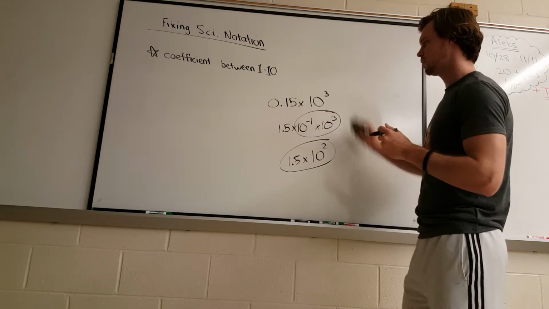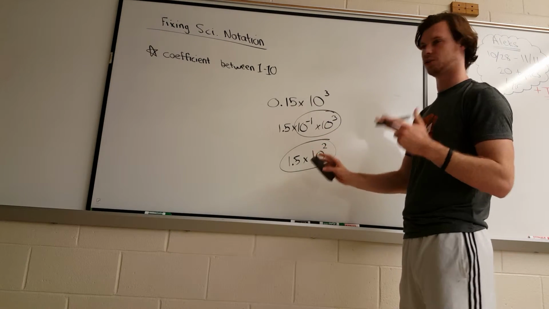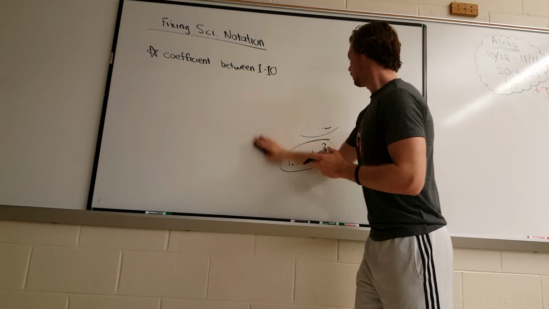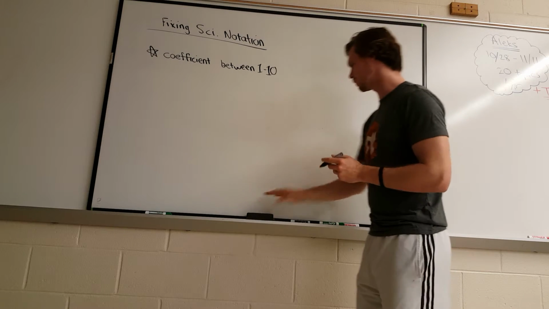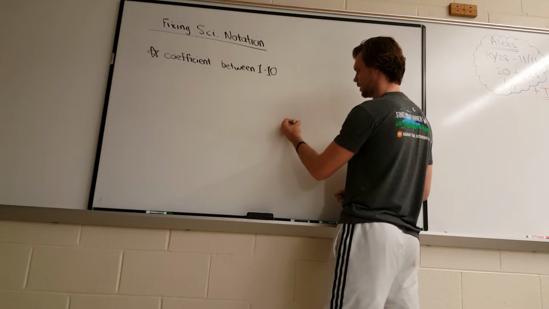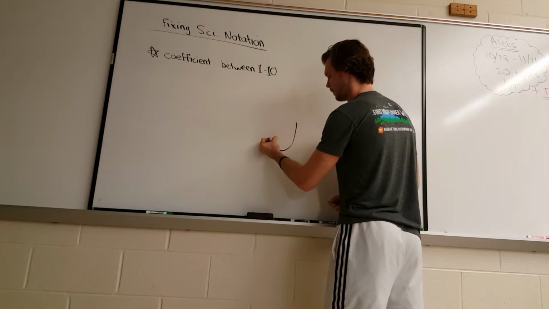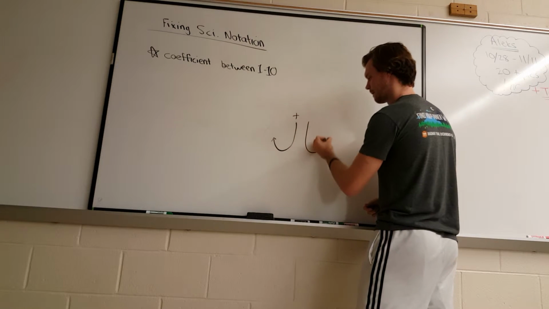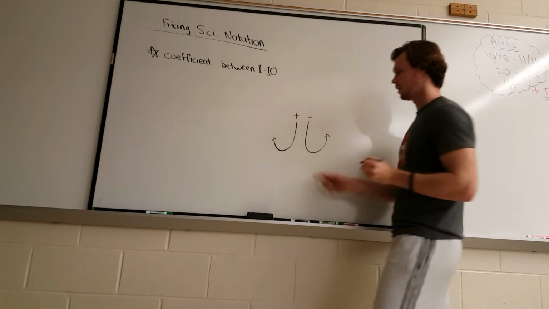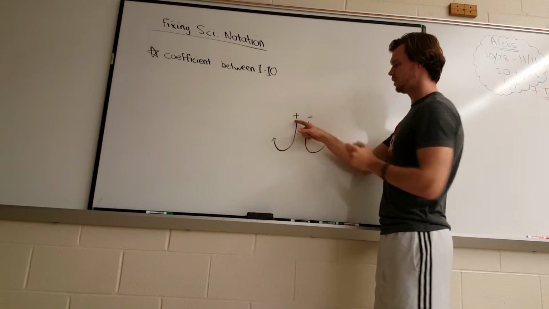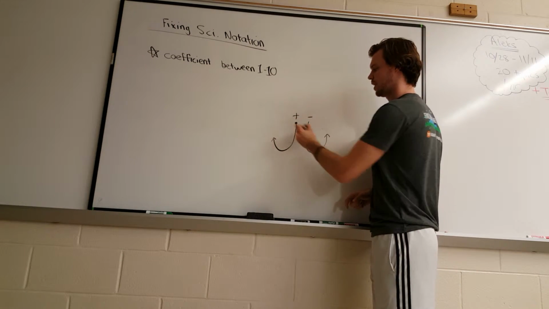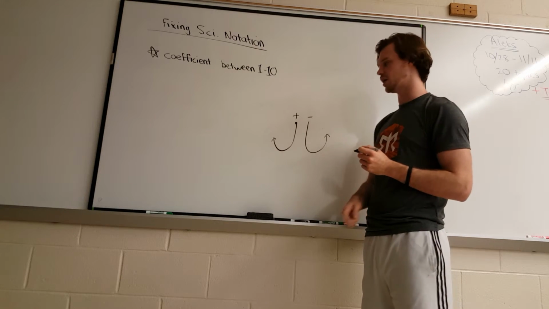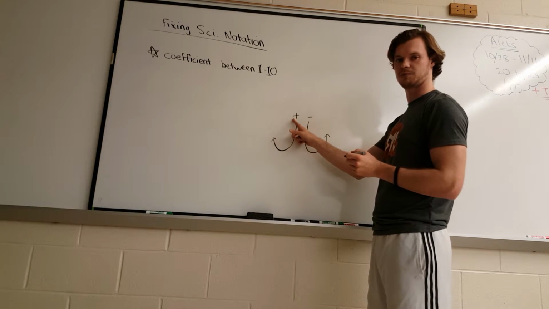Now, once you understand how this works, I like to show a shortcut. In the shortcut, I just draw this little diagram. If you need to move your decimal point to the left to make your number be between 1 and 10, you will add 1 to the exponent.